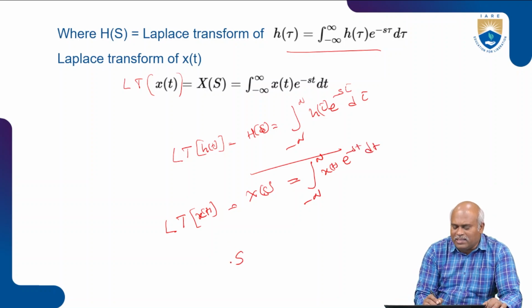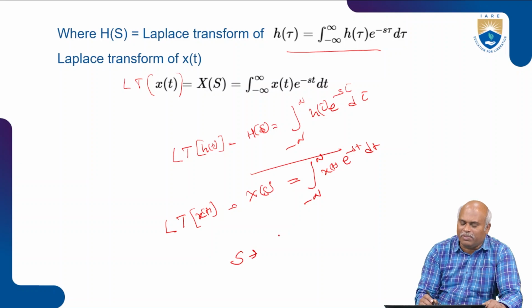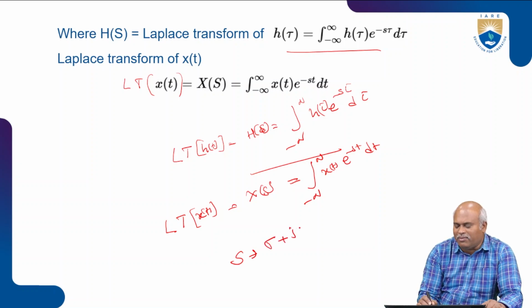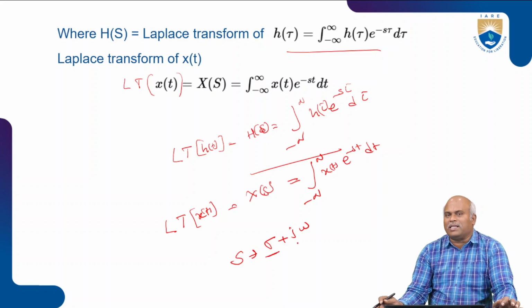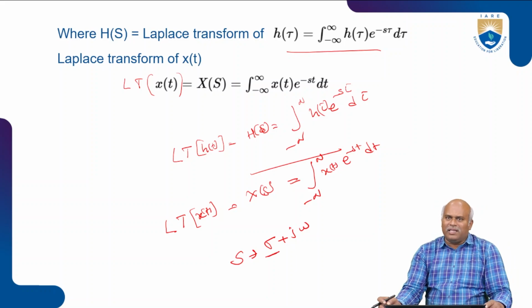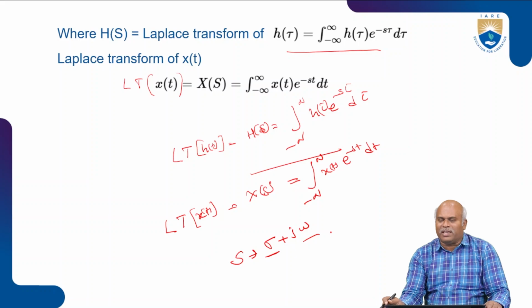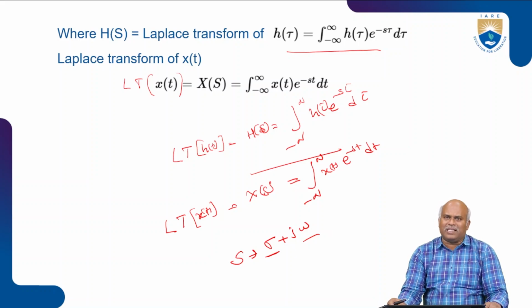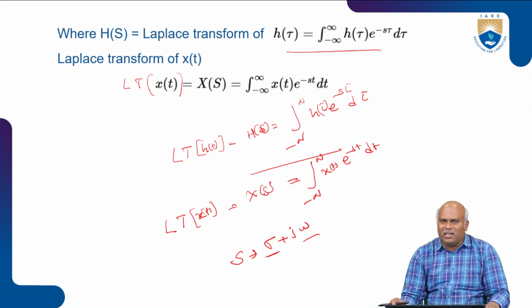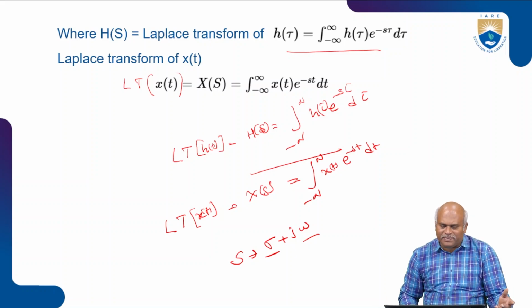Now s is represented as a complex variable, s is equal to sigma plus j omega. Sigma is the real part and omega we call the imaginary part. This equation we consider as the Laplace transform equation of x of t, represented as capital X of s.